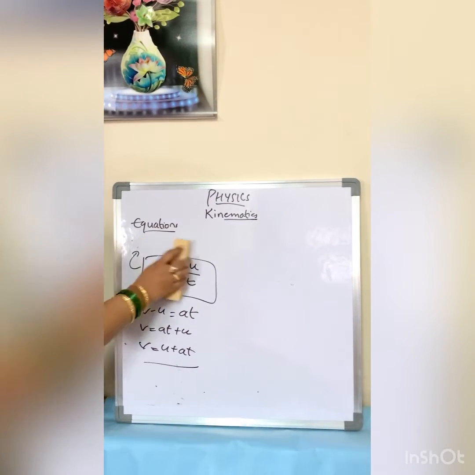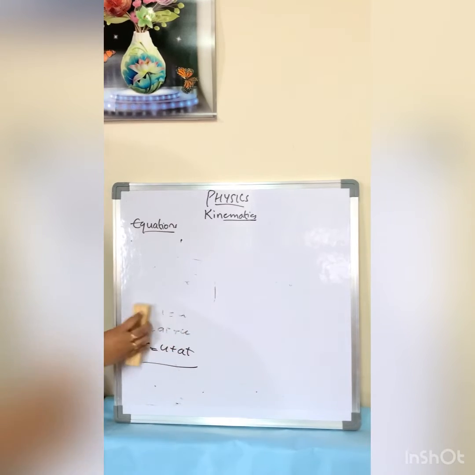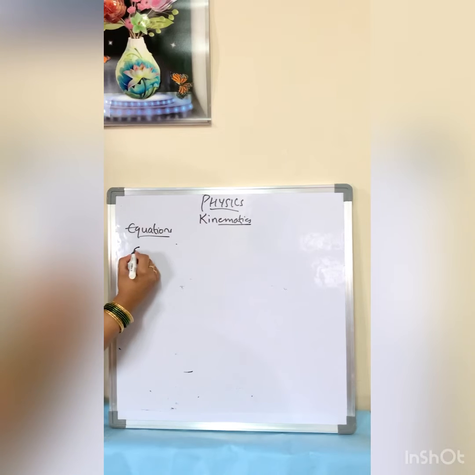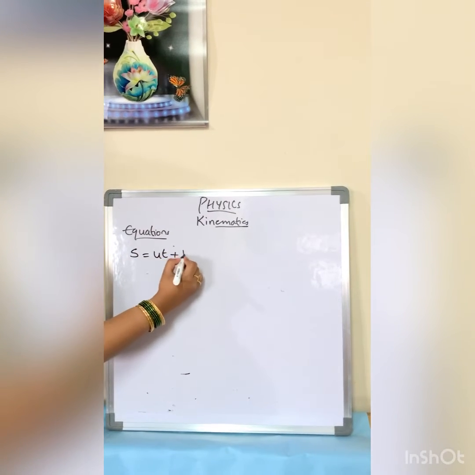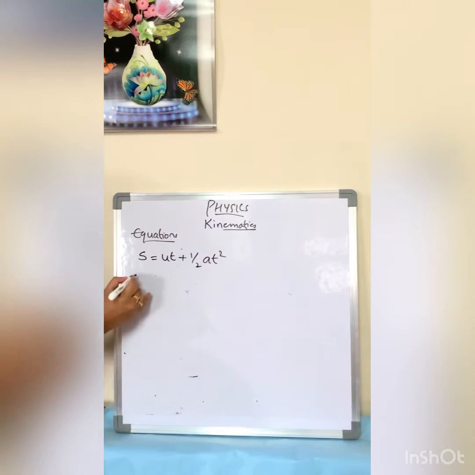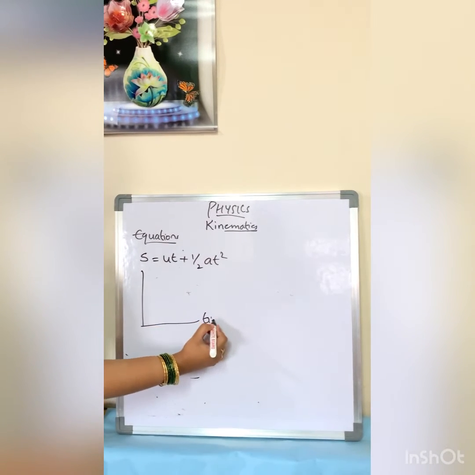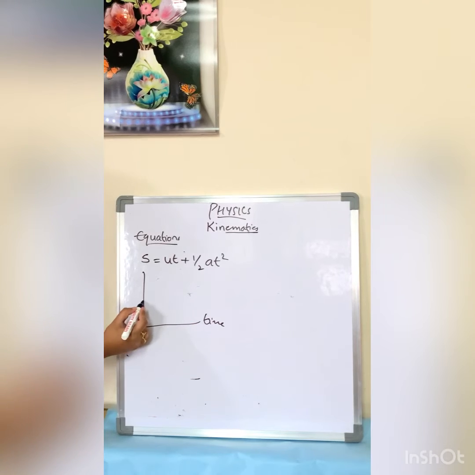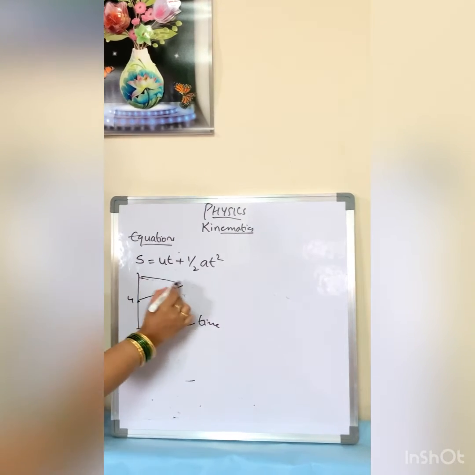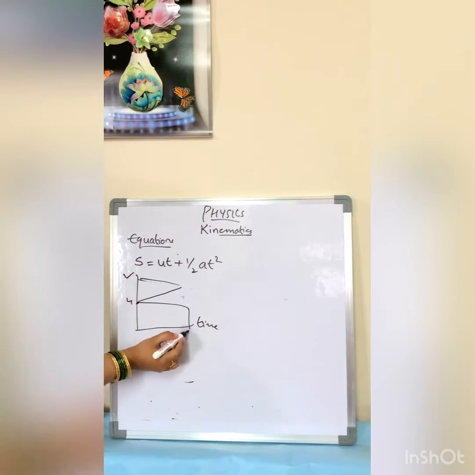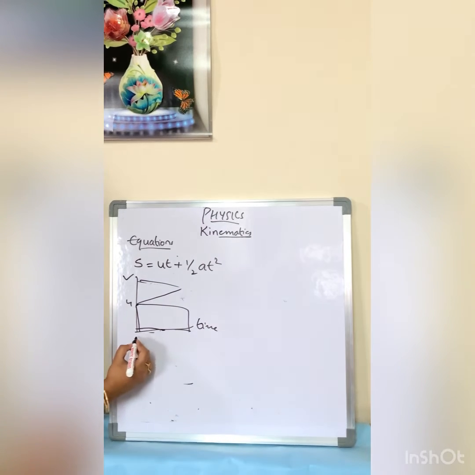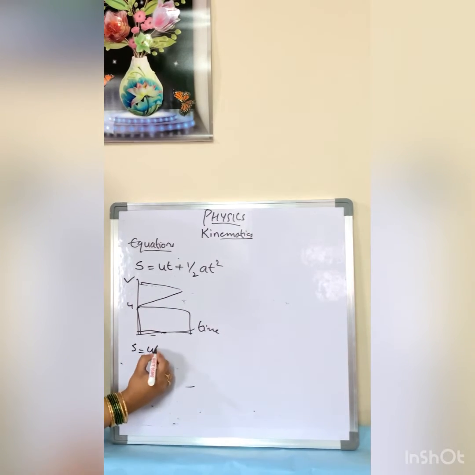So coming to the second equation, that is S is equal to UT plus half AT square. So considering this is the time from here, initial velocity traveling to here, taking it as final velocity. So first for this length into the height, S is equal to UT.